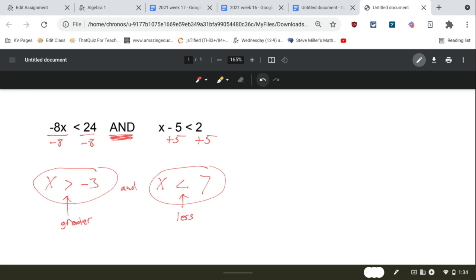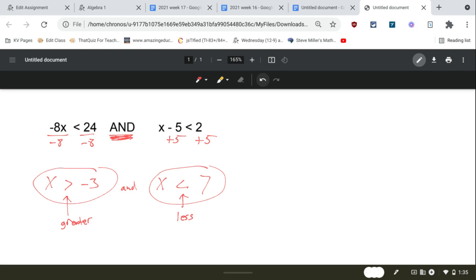All right, so hopefully you can picture those numbers in your mind. Numbers that are bigger than -3 and less than 7 are going to be numbers like 6, 5, 4, 3, 2, 1, 0, -1, and -2. Okay, so it has to satisfy both halves of this inequality in order to make sense.